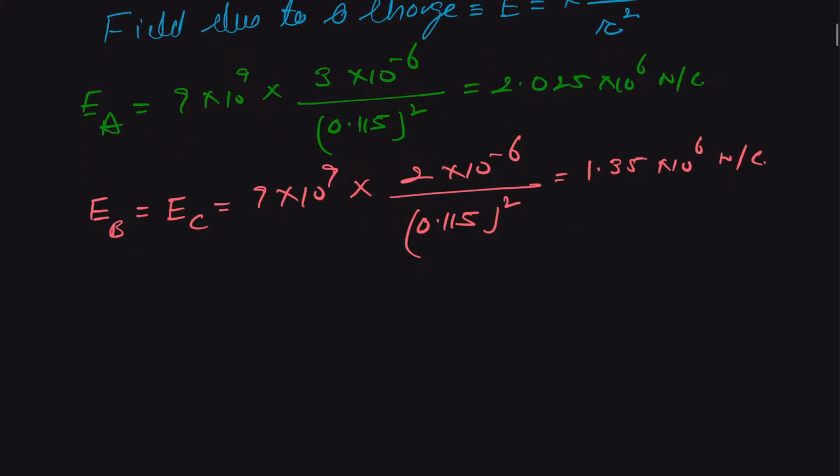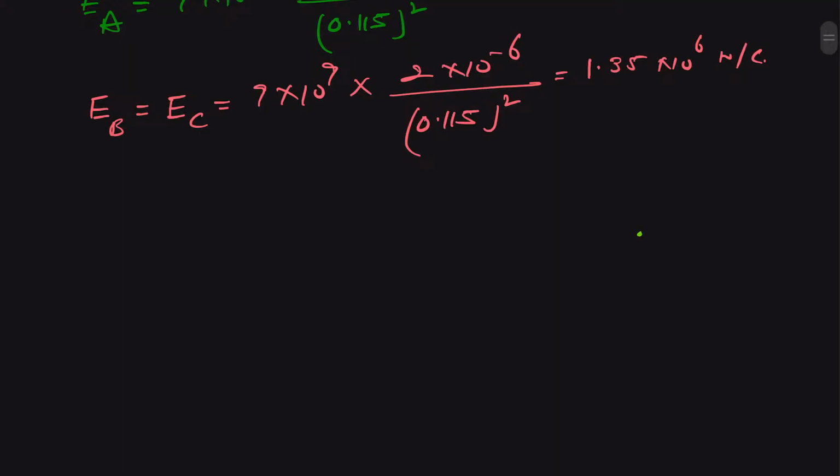But we have to remember that this is our center O, and this is charge A, which is a positive charge. So because of this, the electric field will be directed away from it. Similarly, this is our charge B, and it is going to give us electric field in this direction.